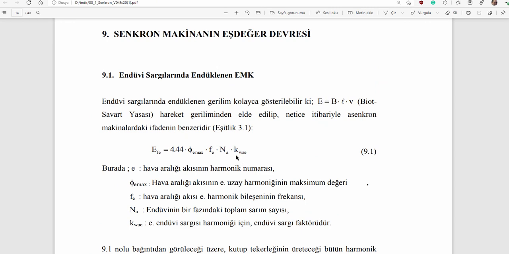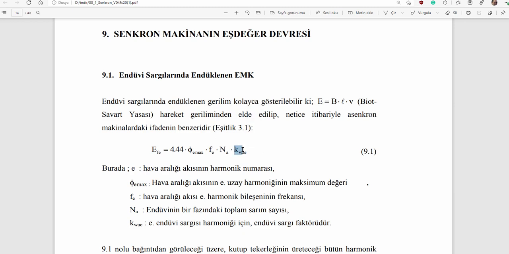Here you see, in a transformer there is no distributed winding. In a transformer the equation is 4.44 times phi max, frequency and number of turns in primary or secondary. But here we have some distribution in induction machine and synchronous machine.